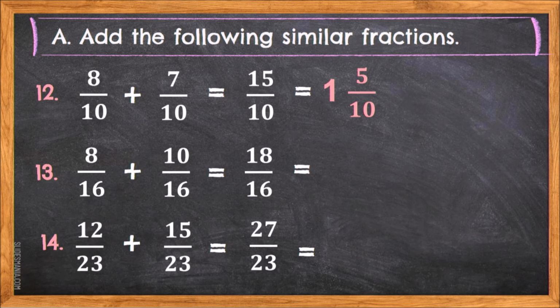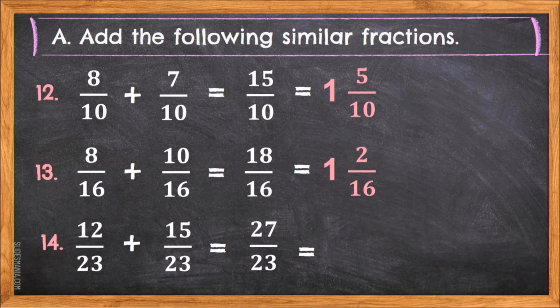Again, our answer here is an improper fraction. So we will make it as a mixed number. You will just divide 18 and 16, okay? So here the final answer is 1 2/16.